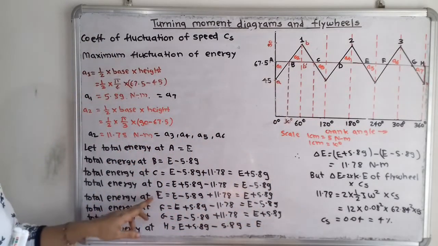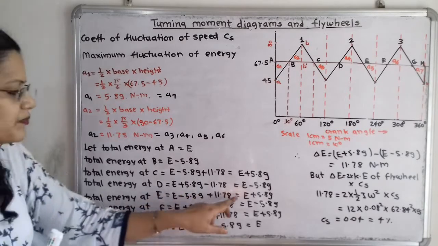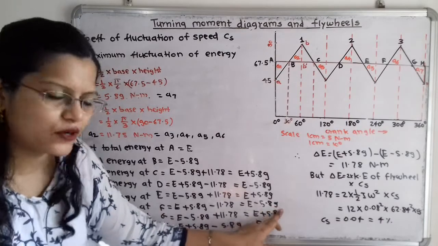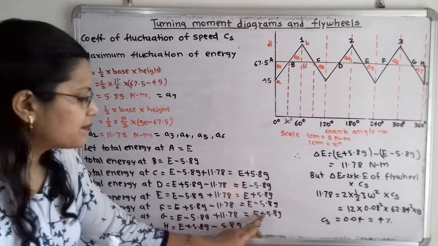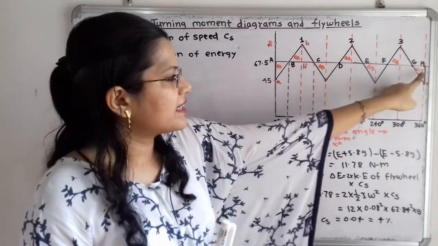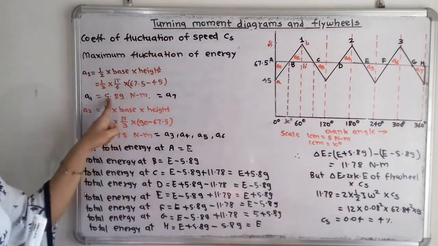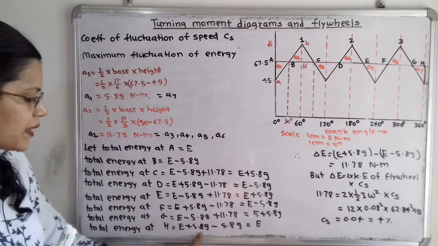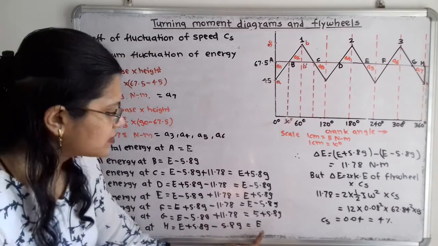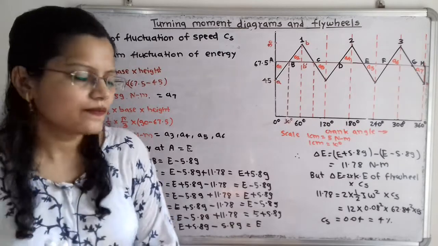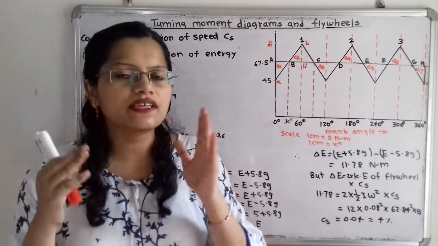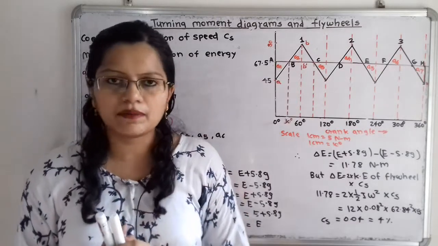So if we move further, then energy at E is E plus 5.89, energy at F is E minus 5.89, energy at G is E plus 5.89, and energy at H. So at H again A7 is there, and A7 is equal to 5.89. So E plus 5.89 minus 5.89, which is equal to E. So from this we have to find out where is the maximum energy and minimum energy.